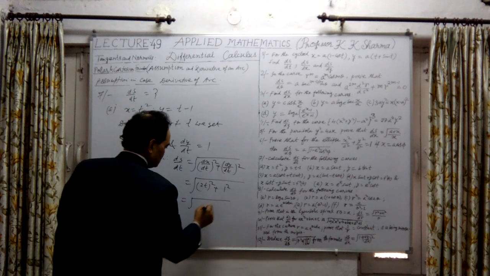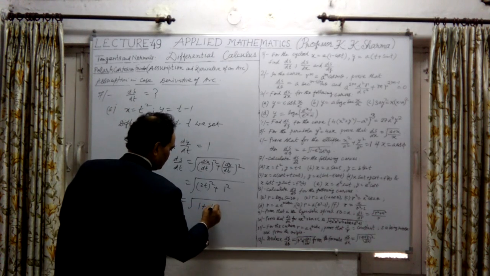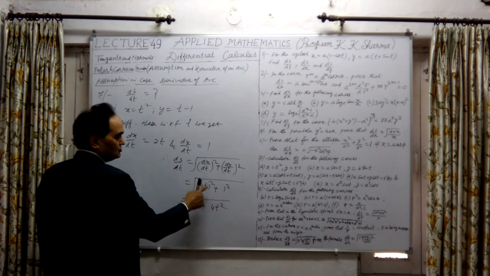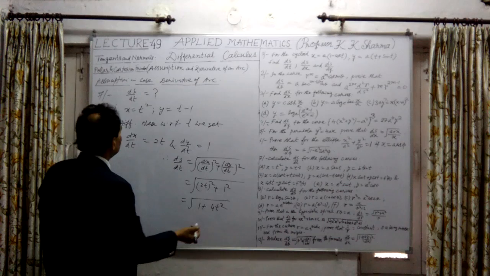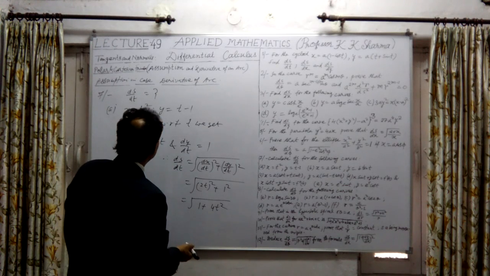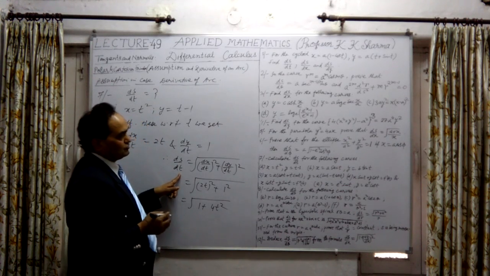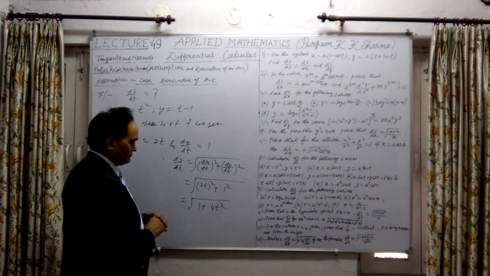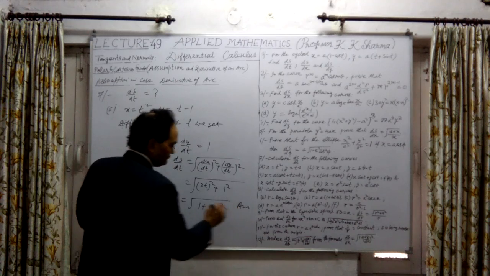It is nothing but 1 plus 4t square. 1 square is 1 and 2t square is 4t square. This is the answer for the first question.